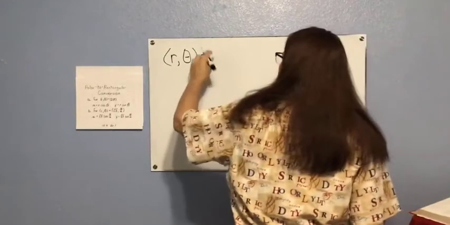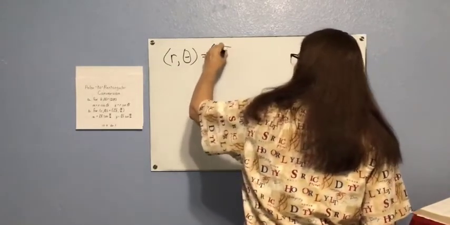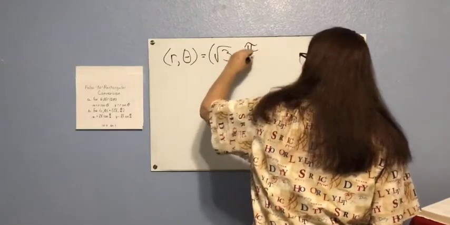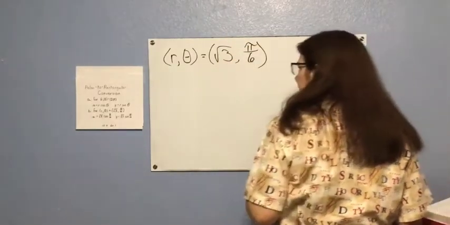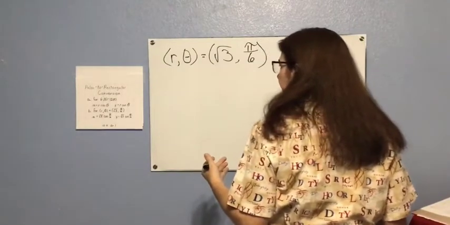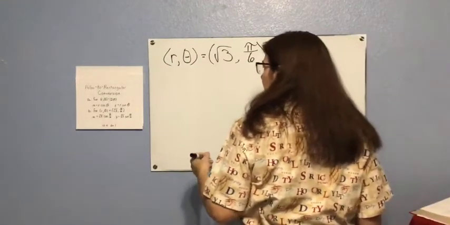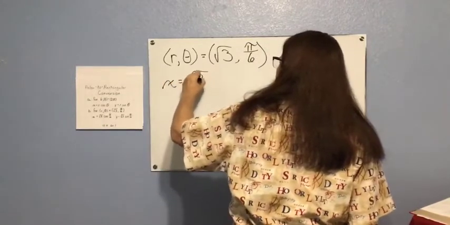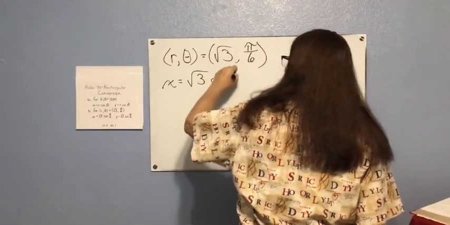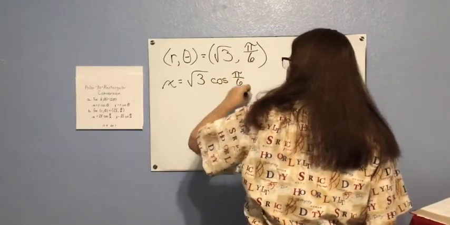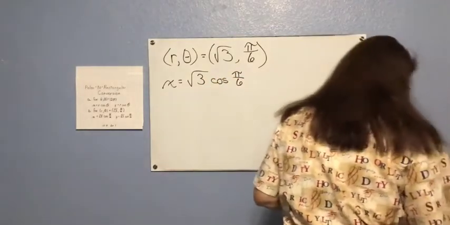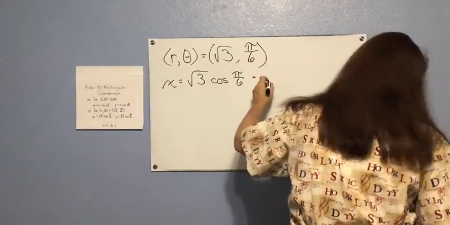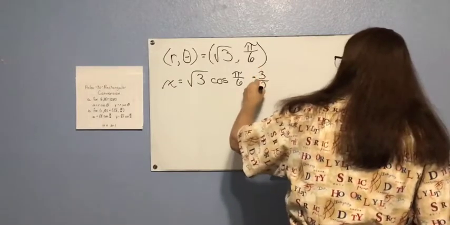Okay, let's look at another one. If I have square root of 3 and pi over 6, I'm going to use exactly the same process. So my r cosine theta is going to be square root of 3 times the cosine of pi over 6. This gives us a value of 3 over 2.